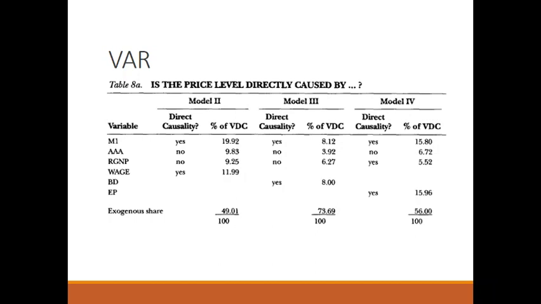Model 4, we're not looking at wages or budget deficit. We're looking at energy prices, and you can see this is very, very strong, right? That it's in fact the strongest predictor of, or the strongest most explained volatility. But basically comparable to money supply. And this squares with our experiences, right?